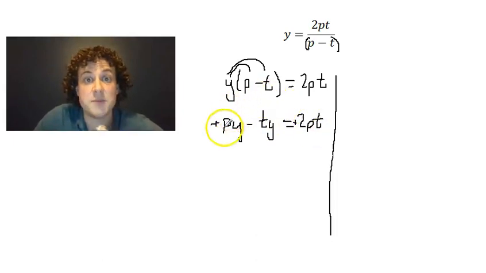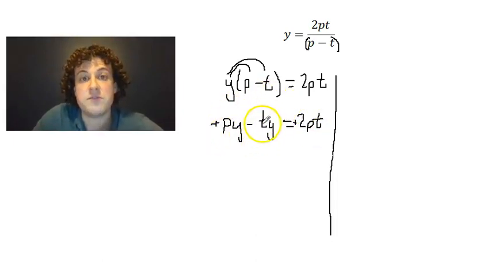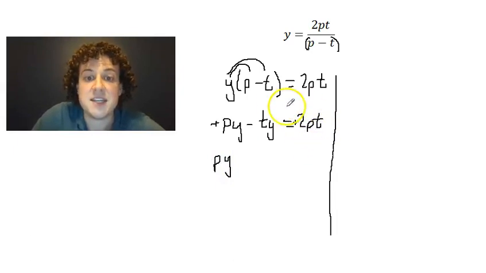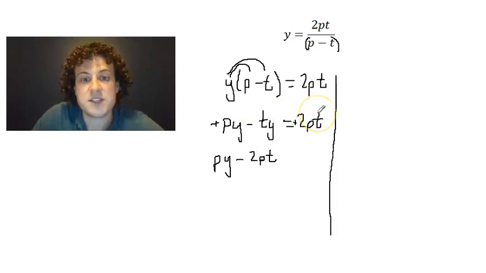All the p's need to come to one side, and all the things that don't contain a p go to the other side. So py can stay as it is, so it stays positive. The 2pt needs to come over, and it goes from positive to negative, so it comes minus 2pt. And the minus ty is negative. It's not got the p in it, so we add it to the other side, and it comes over here.